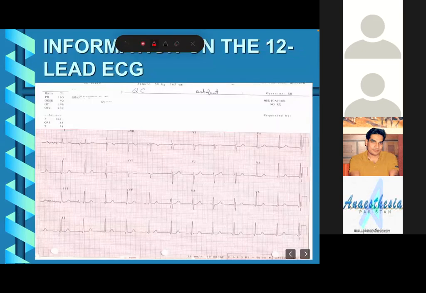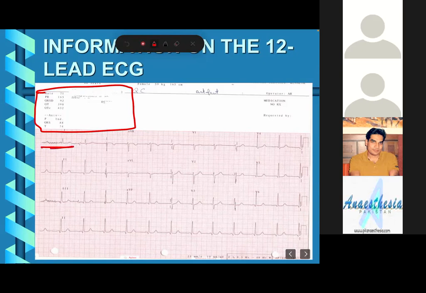Next is the information on the ECG. Some information is already calculated by the machine, and sometimes it is right and sometimes it is not related to the patient's condition, because it relates to the pattern drawn on the ECG paper. It can be due to some artifact.